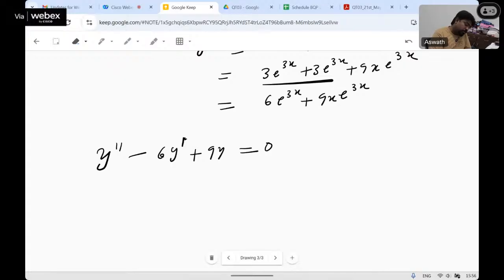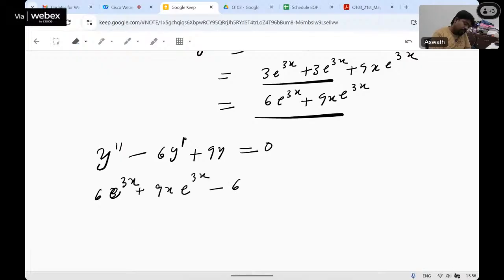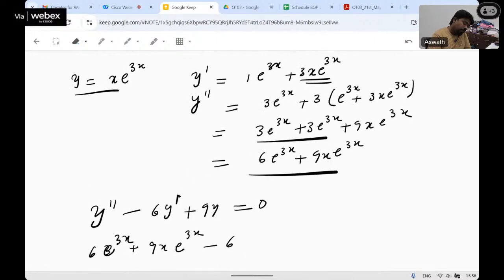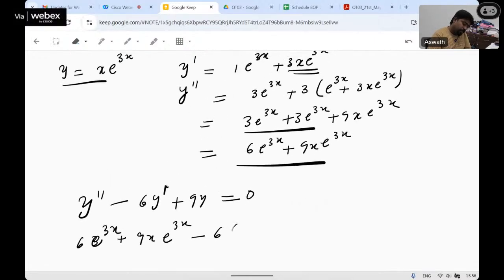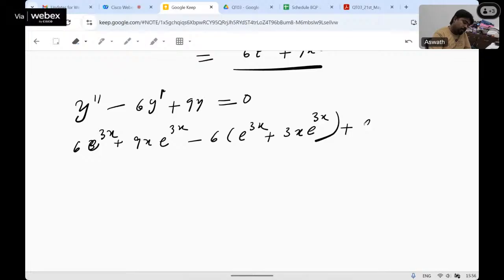Now, let me substitute. Y double prime is 6 exponential 3x plus 9x exponential 3x, minus 6 into y prime. Y prime is exponential 3x plus 3x exponential 3x, plus 9 times x exponential 3x. This is what we have.